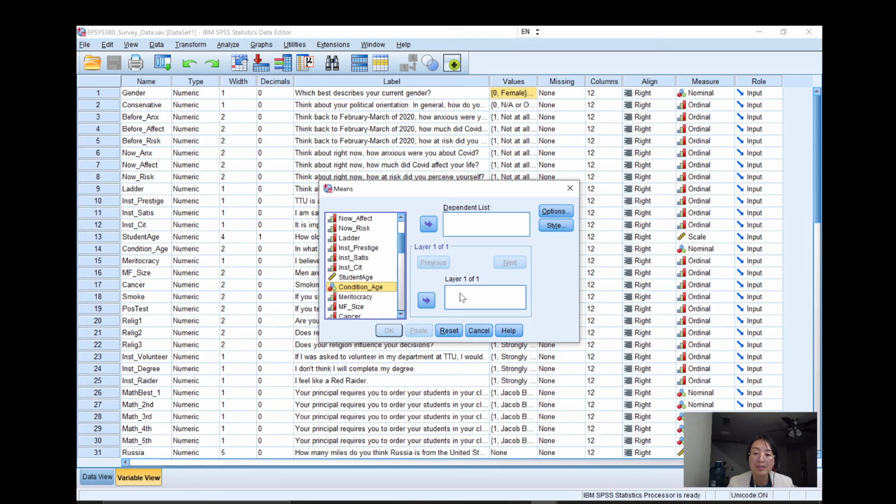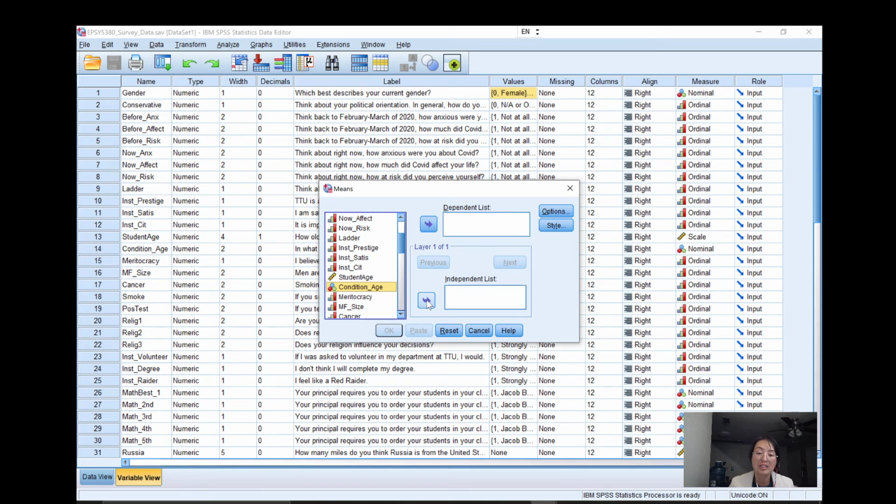So at this time, I'm going to put the condition into the independent list, because the condition is not dependent on anything. It's given. Usually it's some sort of category, which doesn't depend on some other value.